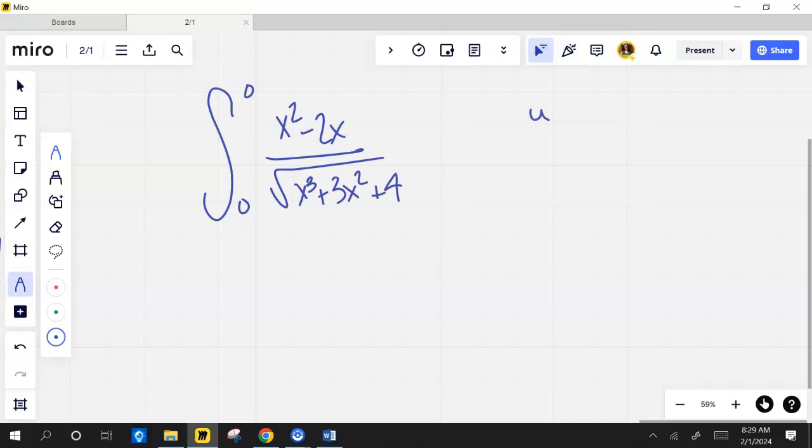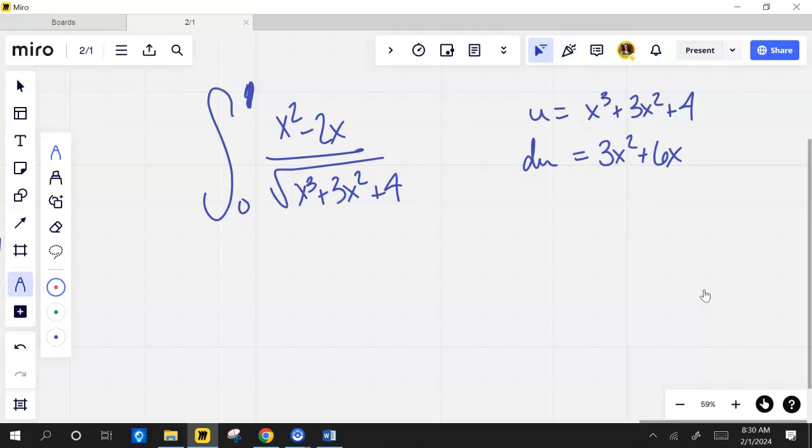All right. Did we all make u x cubed plus 3x squared plus 4? Which means du is... I need a 3.